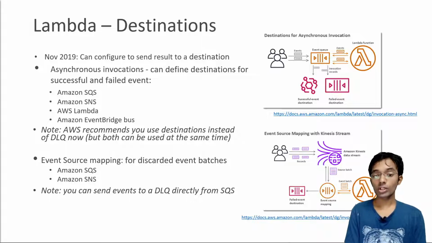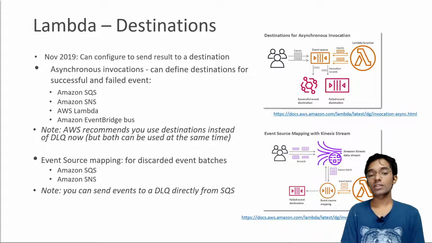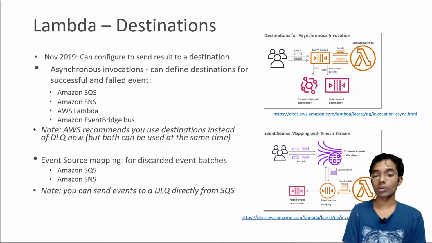For asynchronous invocation, you can define a destination for successful and failed events. Right now, if you don't define a destination and your Lambda function returns something, that something is just completely ignored. Instead, you can say that it can be sent to Amazon SQS, Amazon SNS, another Lambda function, or an EventBridge bus.